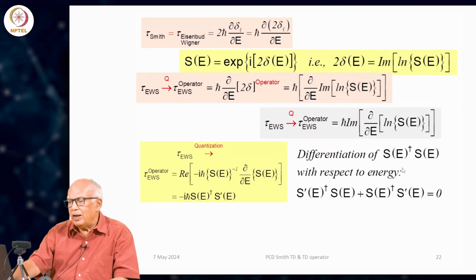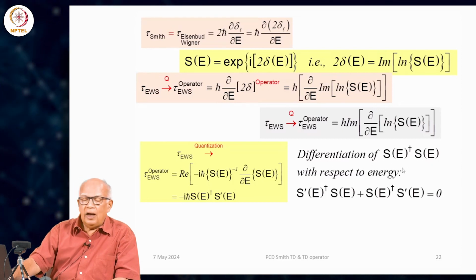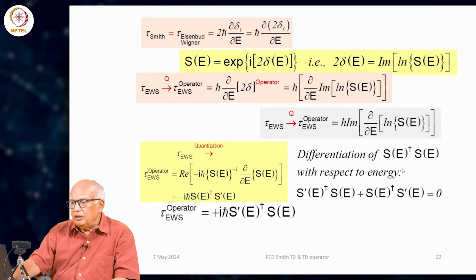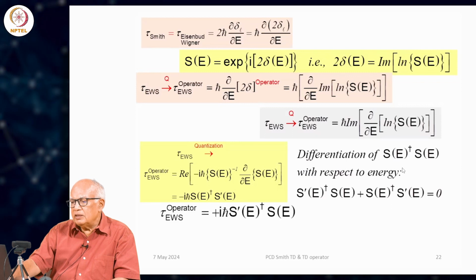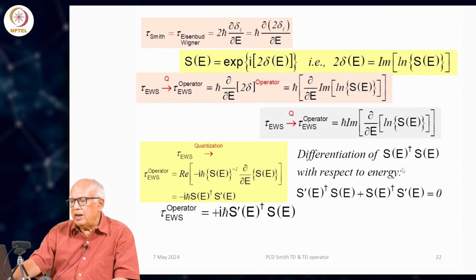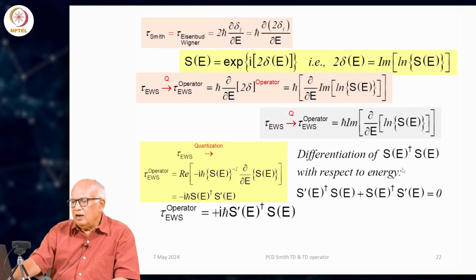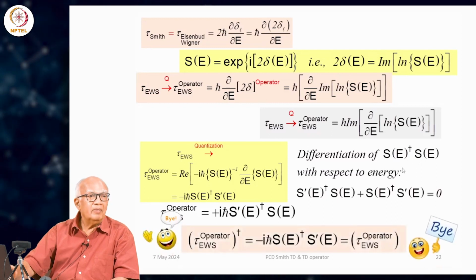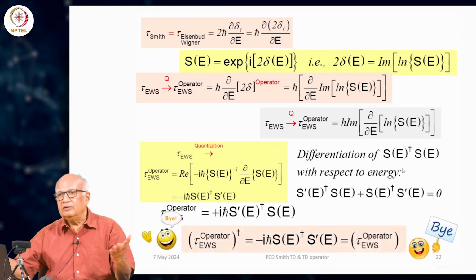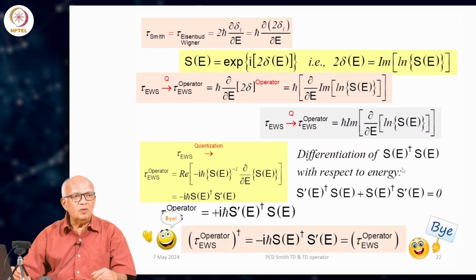So, you can write one as the negative of the other, and you use that in the previous relation, and you can write the operator as plus i h cross S prime dagger S, and if you take its adjoint, it is the same. We are done, the class is over.